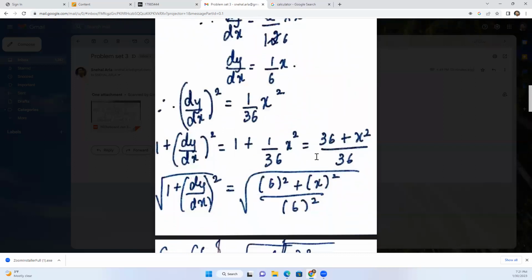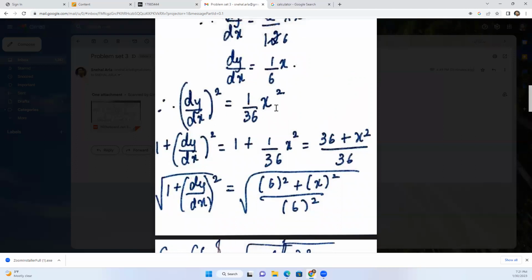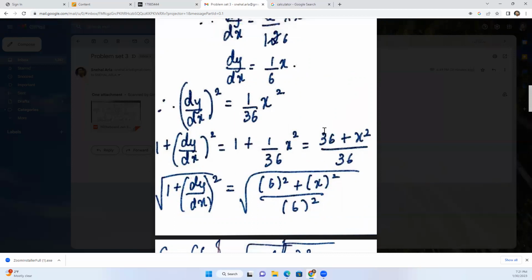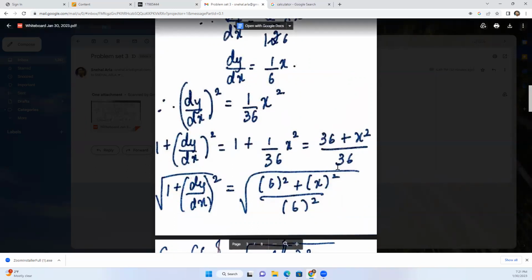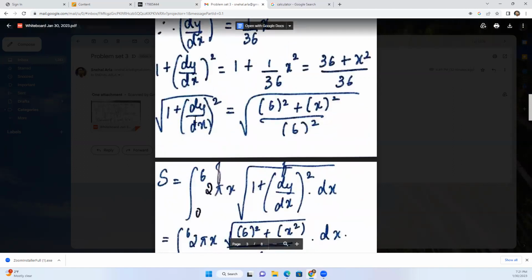Adding 1 to both sides, we get 1 plus (dy/dx) squared, and with a common denominator of 36 this is (36 plus x squared) over 36. Then we square root that, which gives the square root of 36 plus x squared over 6. So now we know the value of the square root of 1 plus (dy/dx) squared.